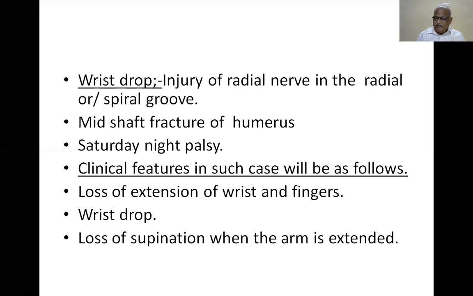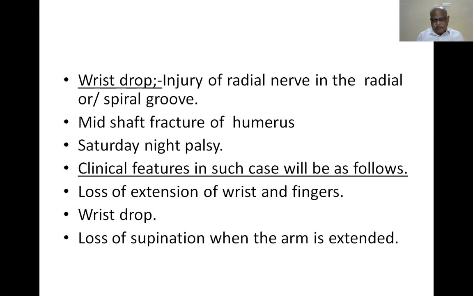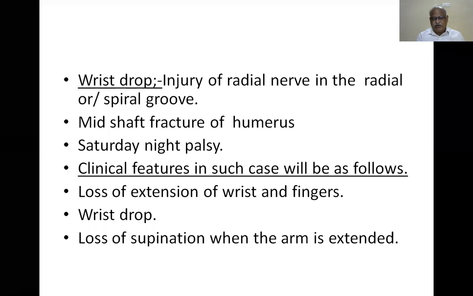So the radial nerve is a part of the posterior part of the brachial plexus. It is a nerve of the extensor compartment and it can be injured at three sites. Number one, in the axilla. Number two, spiral groove or radial groove, just the distal part of it.